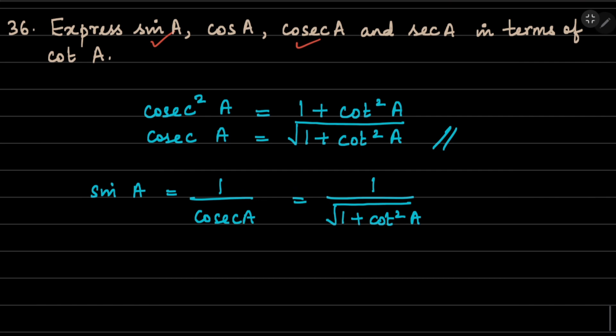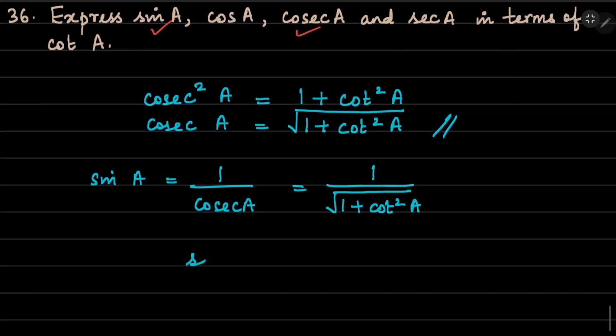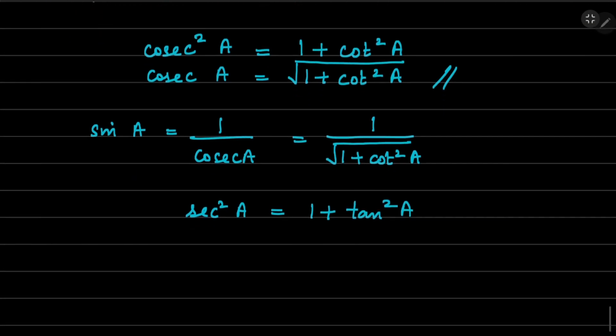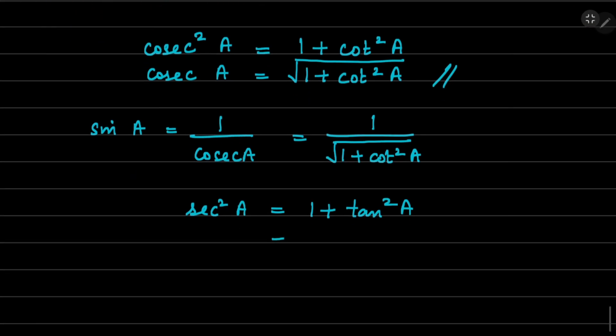What is secant? In terms of tan, secant square A is equal to 1 plus tan square A. So therefore, I can write tan square A as 1 over cot square A. Isn't it?